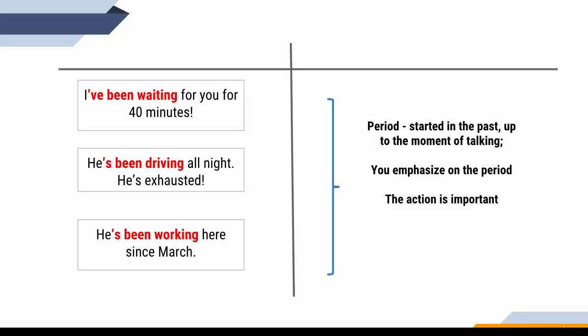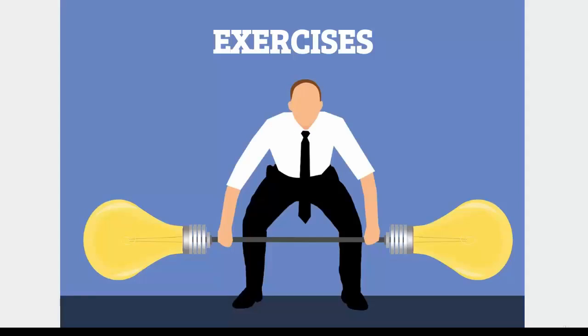You want to put the emphasis on the period, on the fact that it took quite a long time for the action to happen. And the action is what is important. The fact that something was continuing for over a period of time. This is what you emphasize when you use present perfect continuous.